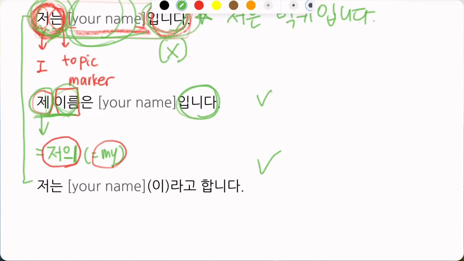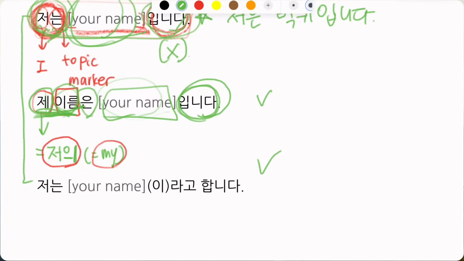We just learned that this is a to be verb that follows a noun. Sorry, that would be a more grammatically correct way to say it. So my name is this.